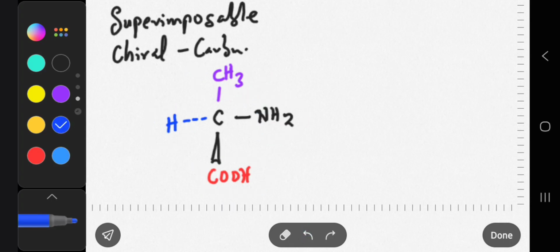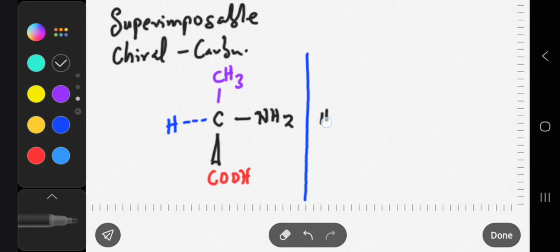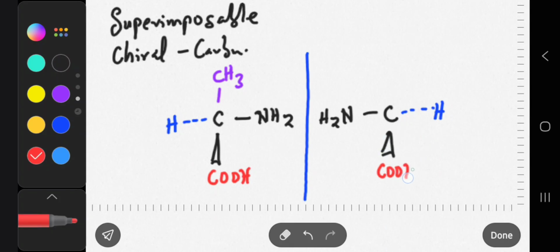Then they are not superimposable because their mirror image cannot be placed side by side onto each other. Now, if we should have H2N here, then I have the carbon. Remember, we have hydrogen over here. Then we have over here the carboxylic acid group, right? Then we have the methyl group over here.